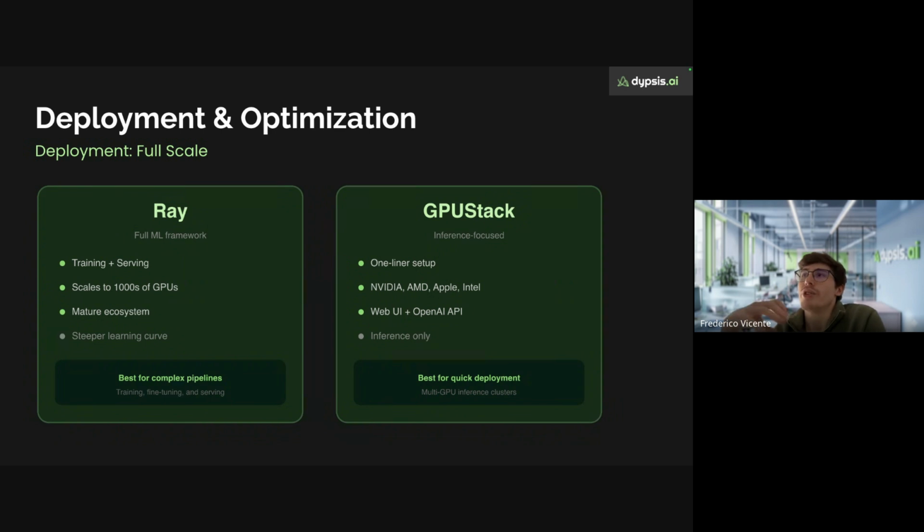And if you want to scale a little bit more, you have libraries like Ray or GPUStack. GPUStack is a very nice library. If you have a collection of GPUs and you want to run them fast, under the hood GPUStack uses backends like SGLang or vLLM, and you have a nice interface.